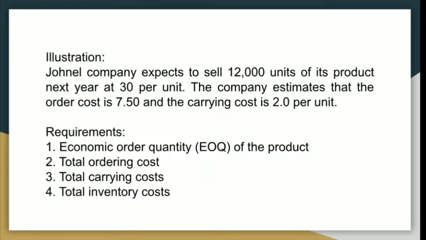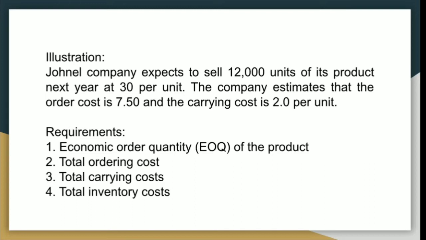Okay, for example, we have an illustration here. Janelle Company expects to sell 12,000 units of its product next year at 30 per unit. The company estimates that the order cost is 7.50 and the carrying cost is 2 per unit. Okay, so these are the requirements.